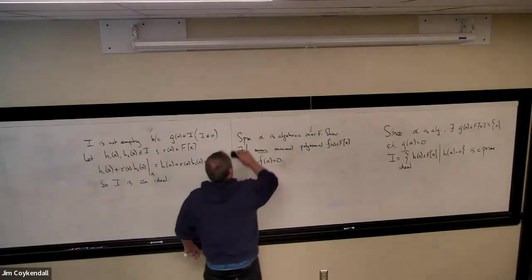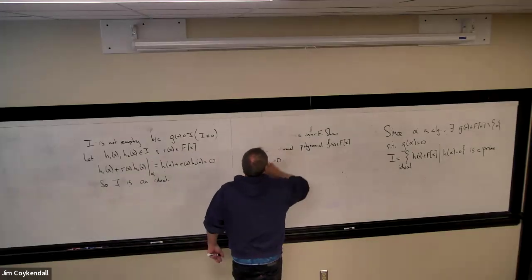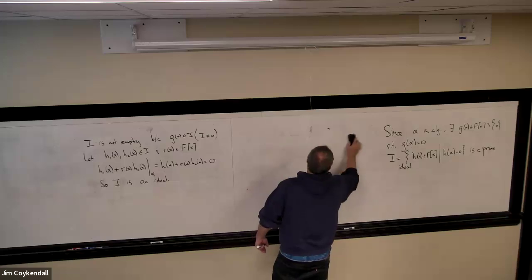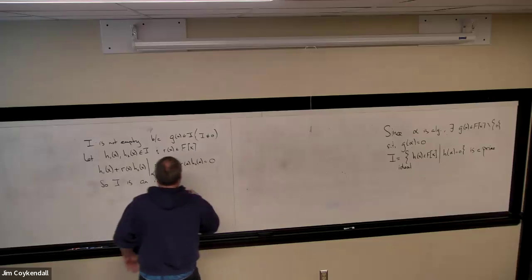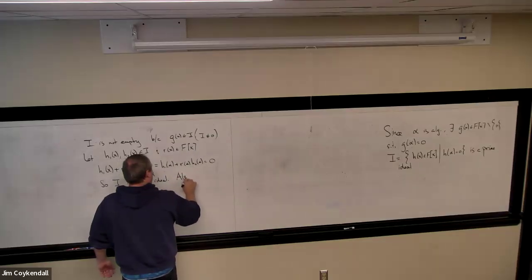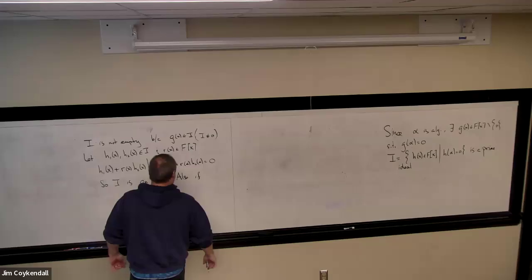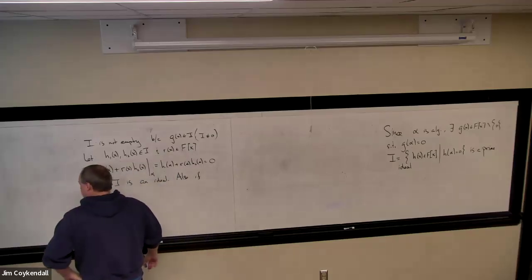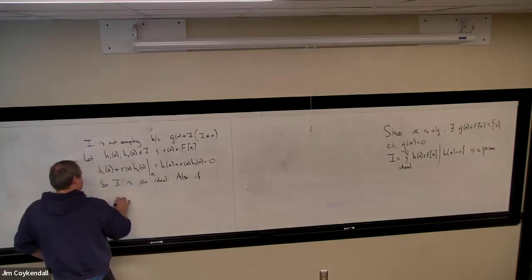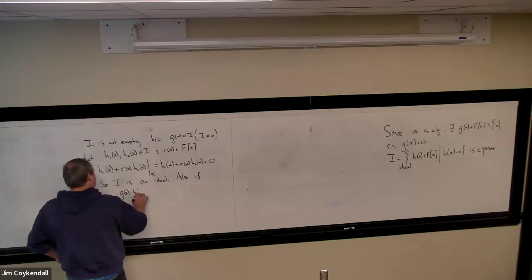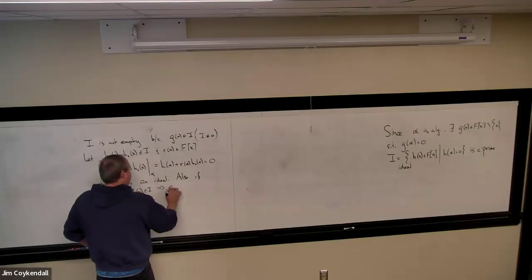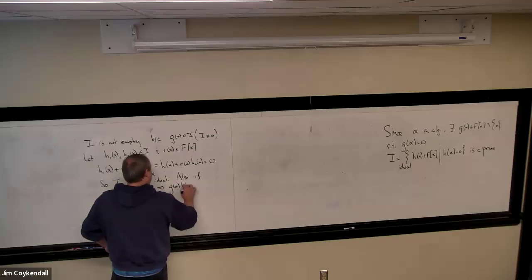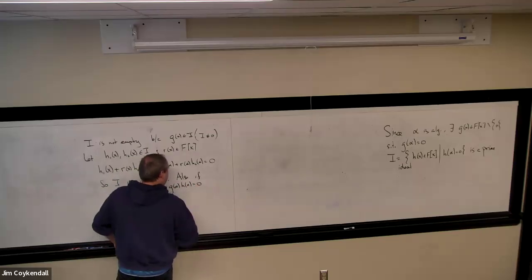And in fact, it's a prime ideal. If g(x) times h(x) is in I, this implies g(alpha) times h(alpha) is equal to 0.